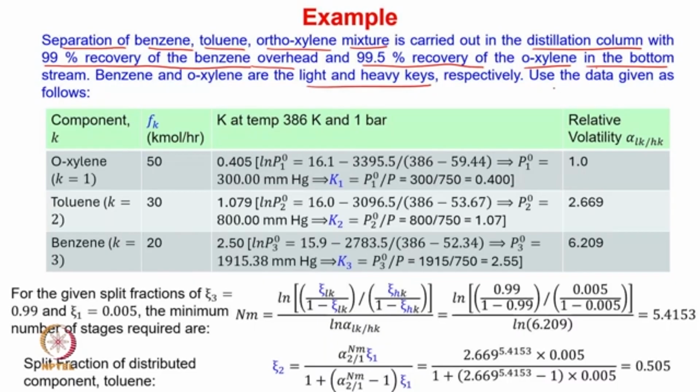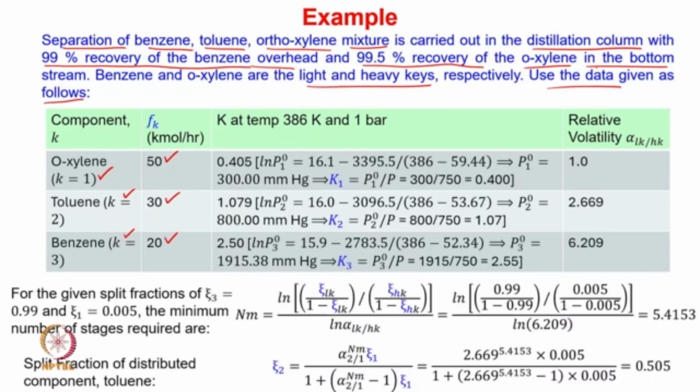The data given is as follows. Here you can see there are three components: orthoxylene, toluene and benzene, represented as component 1, component 2 and component 3. The molar flow rate of orthoxylene is given as 50 kilomole per hour, toluene 30 kilomole per hour, and benzene 20 kilomole per hour.